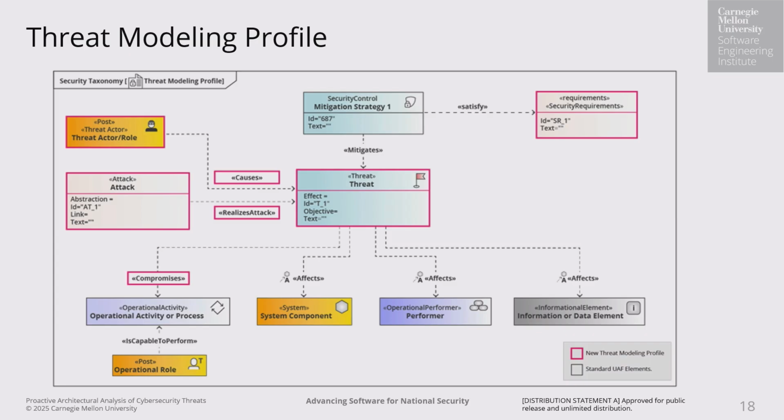Here, outlined in red are all of the elements that we added. Things like security requirements, our threat object that's going to capture our scenario, and attacks, which we'll talk about a little bit later. Those are going to be ways that a threat could actually realize that scenario. And then all of the various relationships between our new threat object and the activities, processes, components, or information that threat scenario could affect.